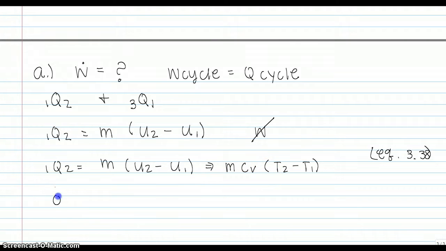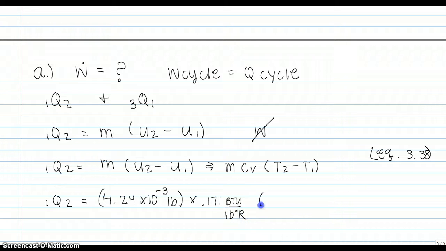So Q from 1 to 2 is equal to 4.24 times 10 to the negative 3 pounds times 0.171 BTUs per pound degree Rankine multiplied by T2, which was 1600, minus 540, which was T1.